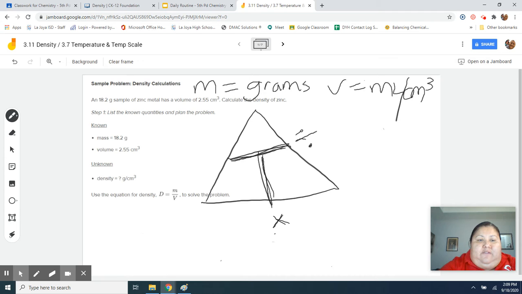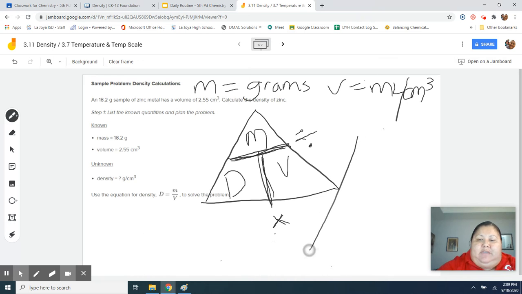If we input our information, we know that mass is 18.2 and volume is 2.55. So let's plug it in. First, we need to remember that density goes on the bottom, mass goes on top, and volume goes on the bottom right.